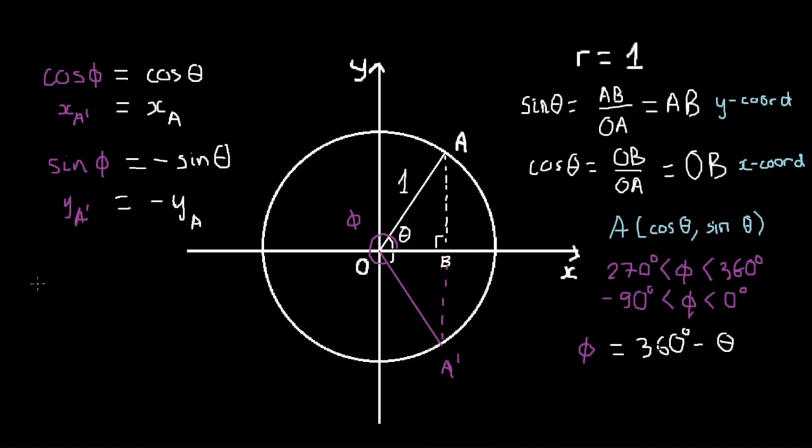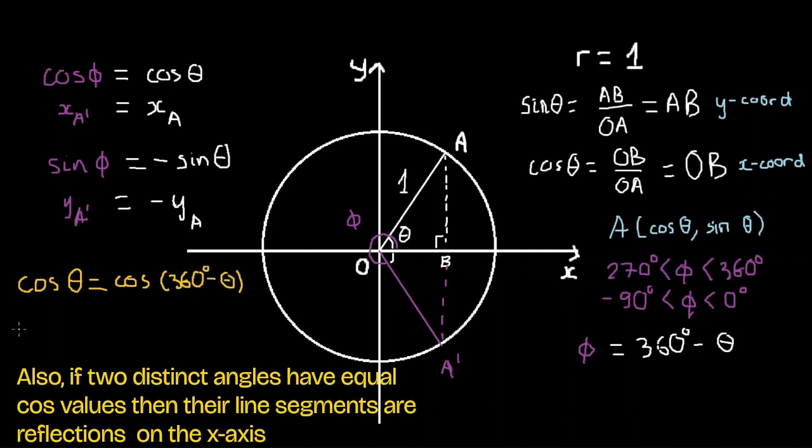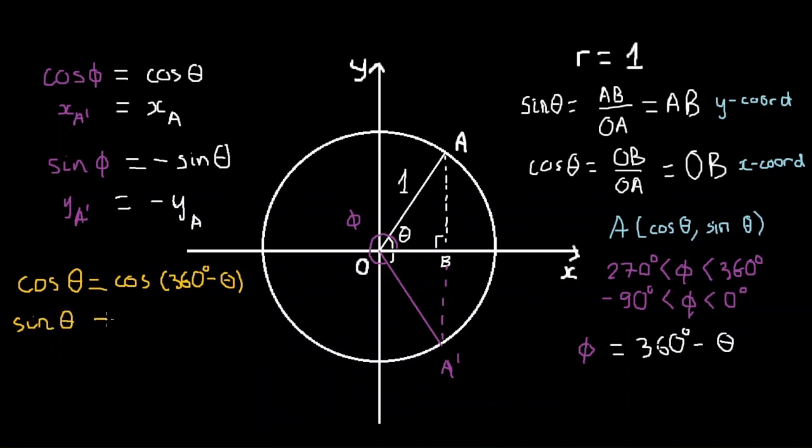This case gives us the general rule that cos of an angle is the same as cos of 360 degrees minus that angle. And sine of an angle is the negative of sine of 360 degrees minus that angle.